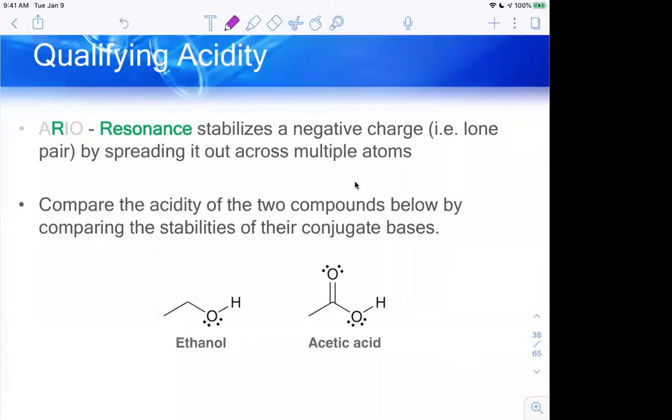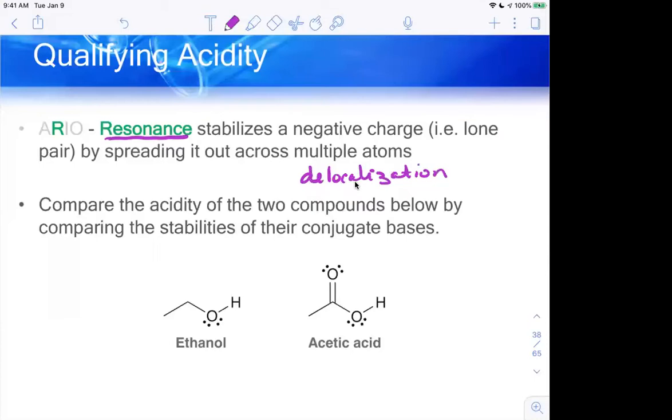Next, we're going to look at resonance. Resonance can stabilize a negative charge by spreading it out across multiple atoms. This is called delocalization. If my charge can be delocalized among many atoms, that results in a more stable negative charge.